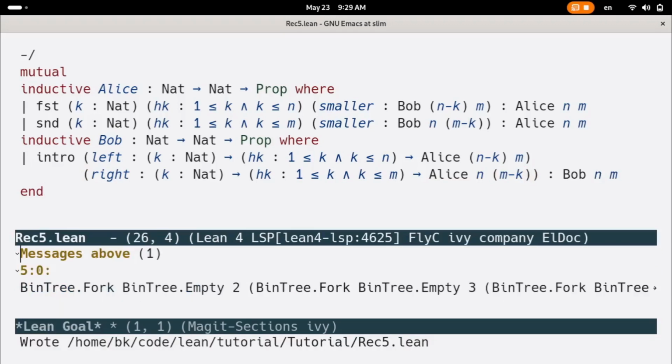This corresponds to the natural for all, there exists definition for winning strategies of two-player games.